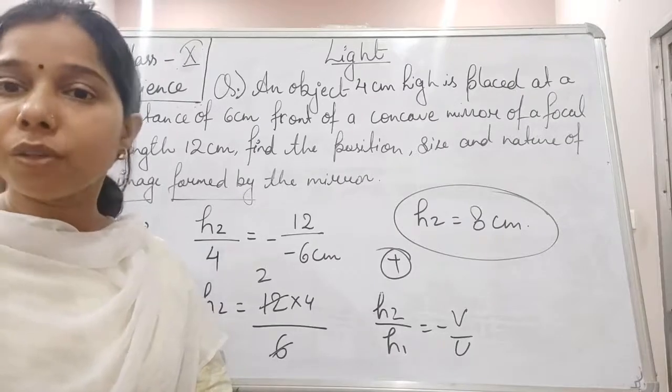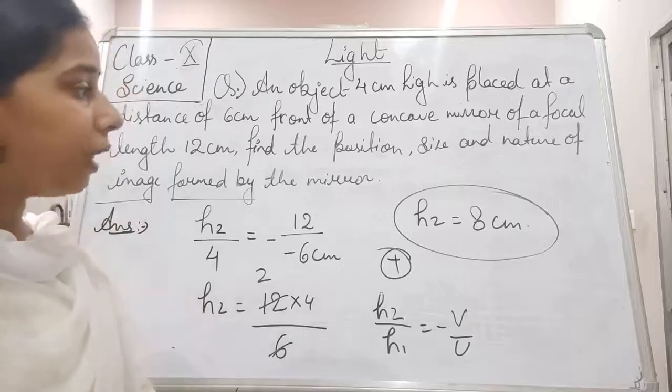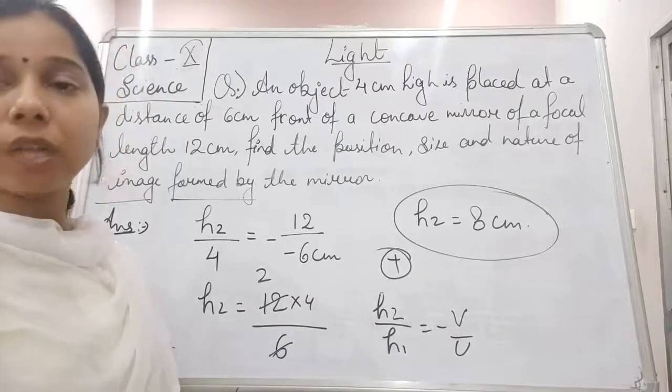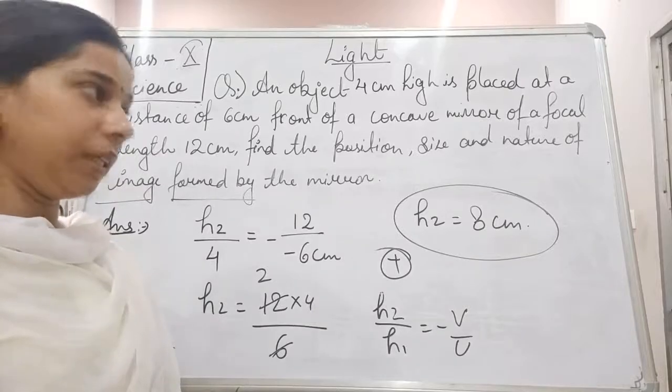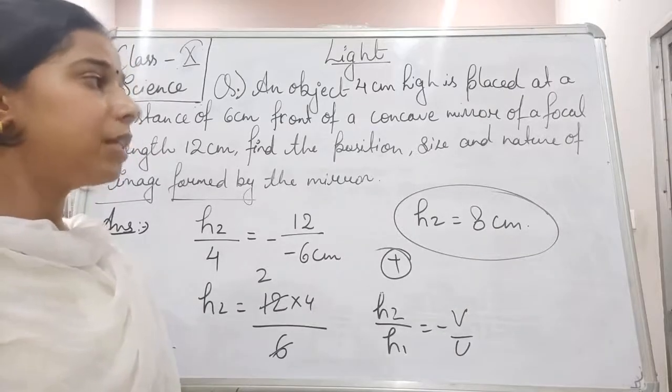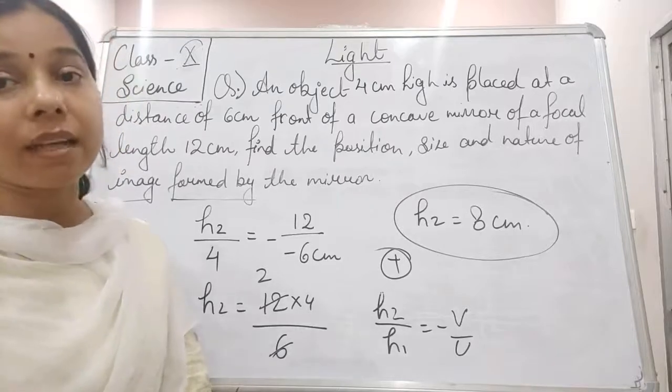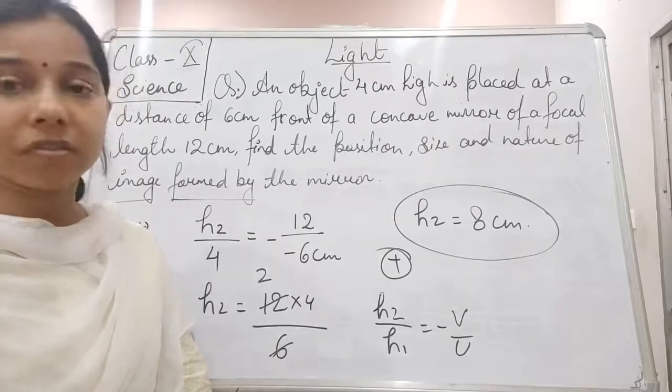So we have understood here one thing: nature, position, size. Position says that it is plus 12, so that is virtual and erect nature, and it means it is behind the concave mirror, at the right side, and the size is large.